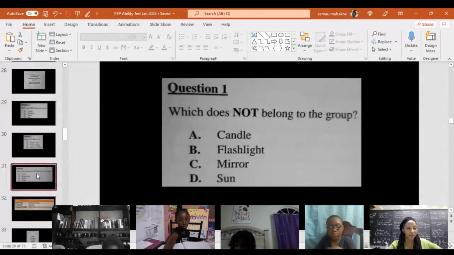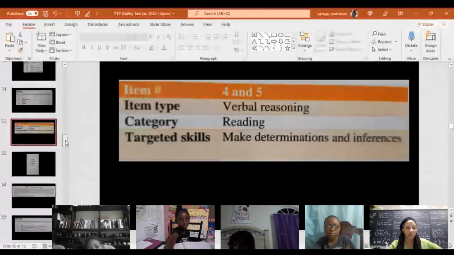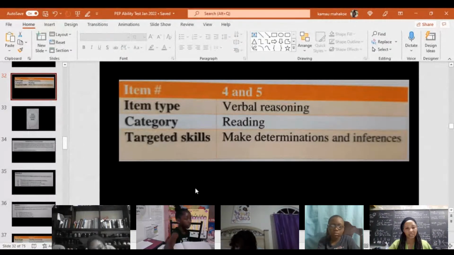All right, so that was question 3. Questions 4 and 5. The item type is verbal reasoning again, and the category this time is reading. So this is where you're given a passage that you're going to read and then answer questions.